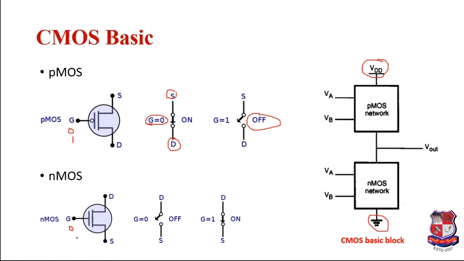Similarly, if we have logic 1 at the gate of the NMOS transistor, then the NMOS transistor will be turned on, and there is a short circuit between the source and drain. So the important lesson here is that the NMOS transistor will be turned on for logic 1 at the gate terminal, and the PMOS transistor will be turned on for logic 0 at the gate terminal.